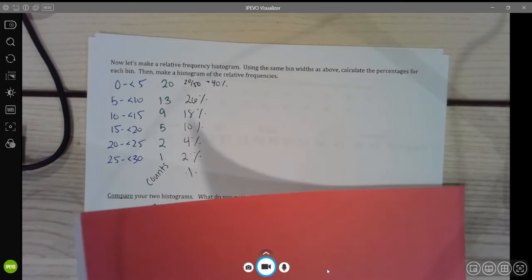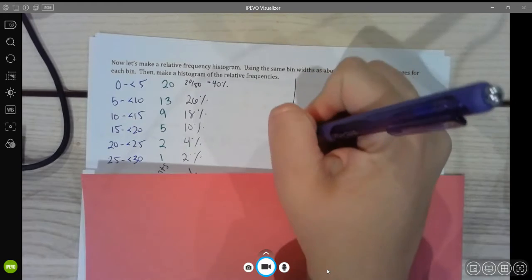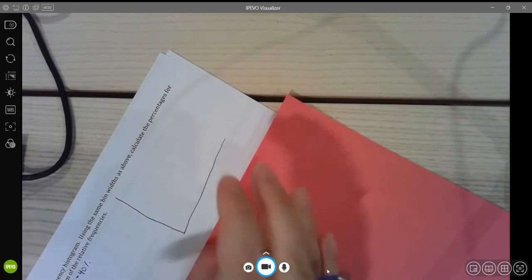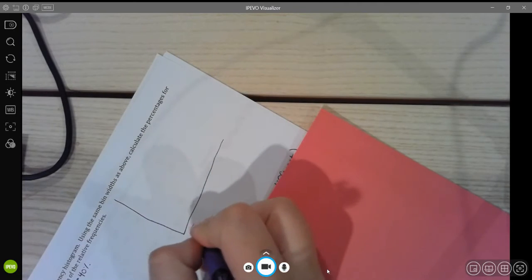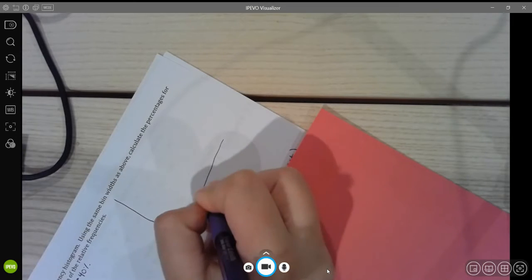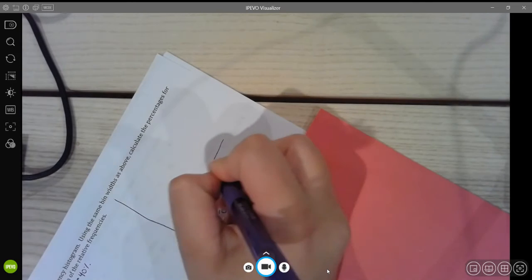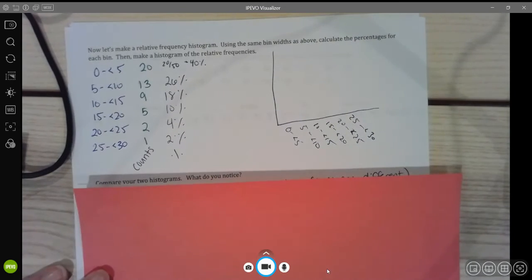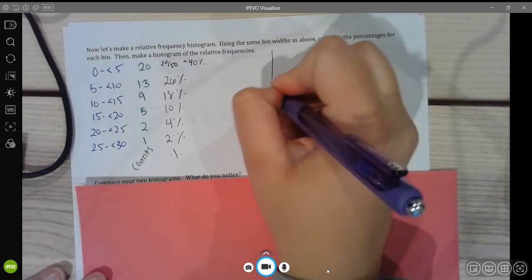So we're going to want to do the same thing that we did before, where we have our axes. They should be the same here. Yeah, we got lots of space. My percents go from 2 to 40. So maybe instead of jumping by 5s, I'll jump by 10s.